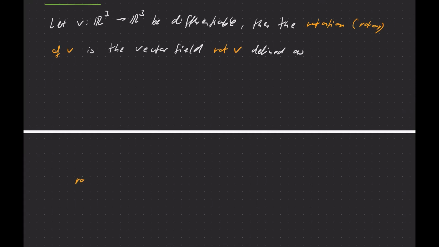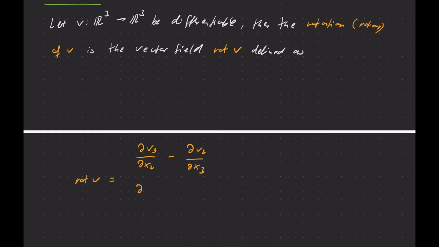the rotation of V is defined as a vector field that consists of compositions of partial derivatives of components of V. Sounds more complicated than it actually is. I'll just give you the formula, and then I'll give you a means to remember that, hopefully. Okay, so the formula is: dV3/dx2 minus dV2/dx3.